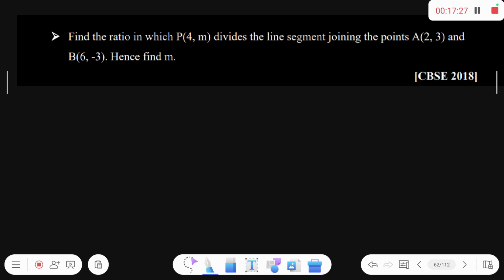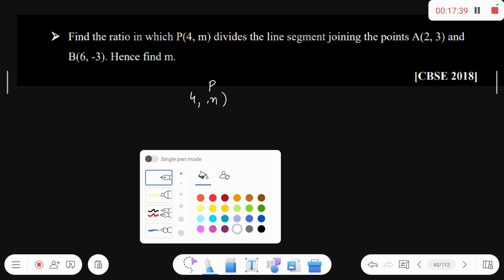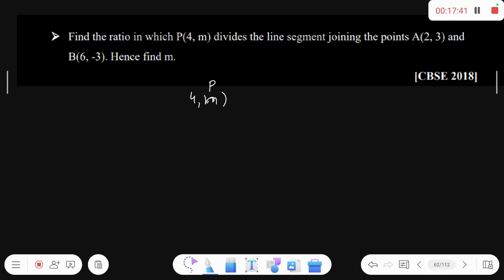So we'll start the question from here. So P is (4, m), and this point A is (2, 3) and this point B is (6, minus 3).